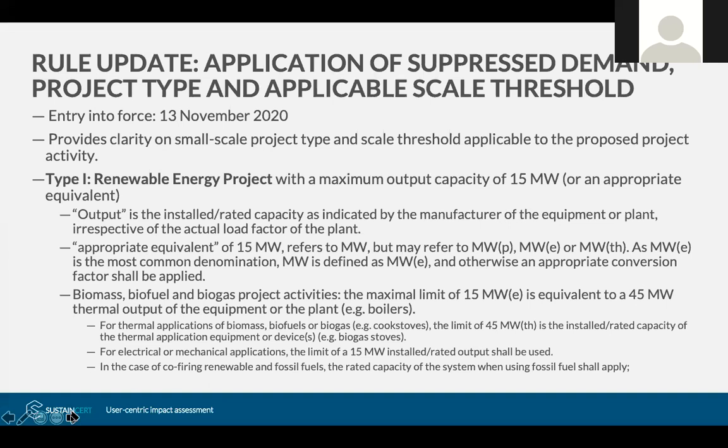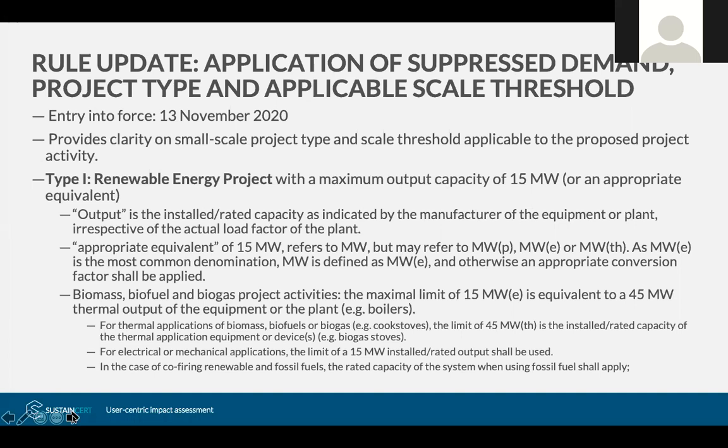For all biomass, biofuel, or biogas project activities, this maximum limit of 15 megawatt is considered equivalent to 45 megawatt thermal output of the equipment. If there are any thermal energy applications, for example cook stoves, then the limit, which is 45 megawatt thermal, is the installed or rated capacity of those devices.